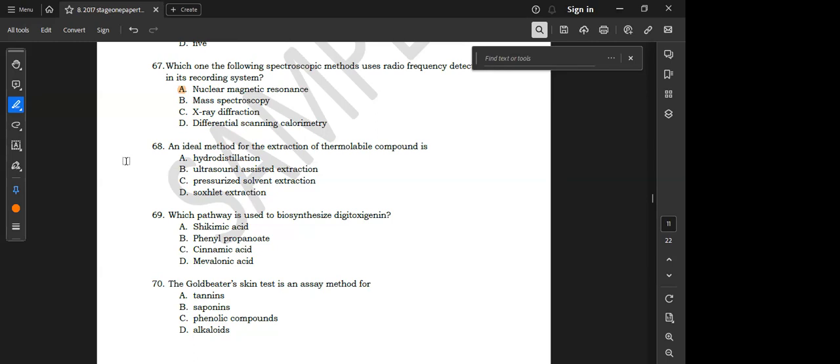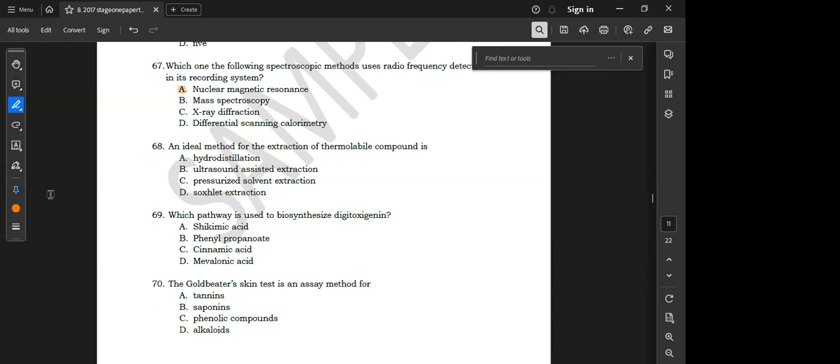Then I don't think you can use Soxhlet, because you're not directly heating the compound, but there is still heat. Okay. So Soxhlet is out, and hydrodistillation uses heat also.